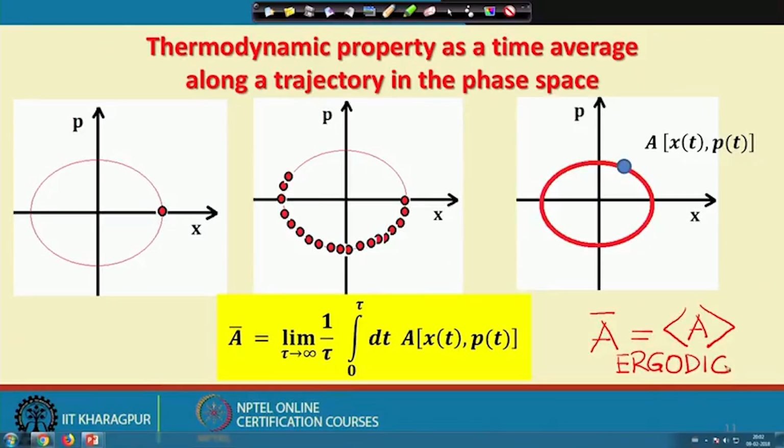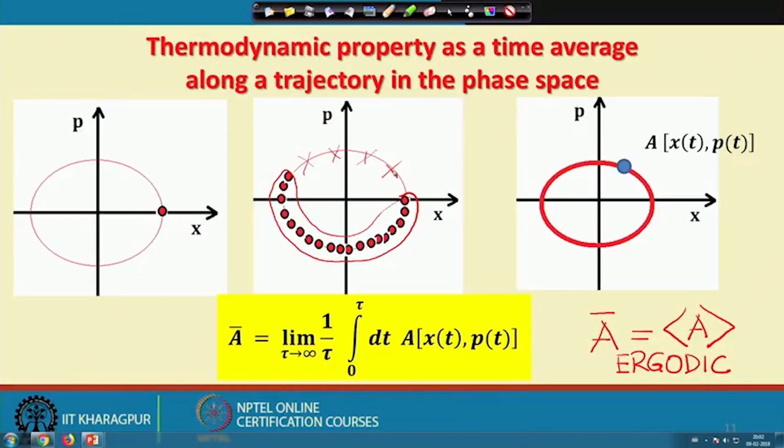We are not going to discuss this in much detail, but as you understand, if you have a non-ergodic system, then for some reason the system will sample only, say, this part of the phase space and will never go to points like this.